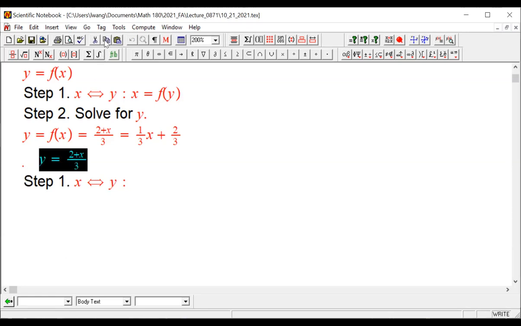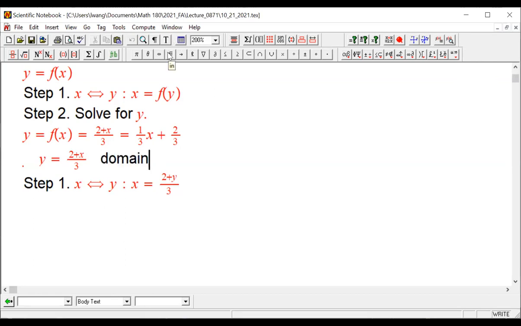The consequence of swap: y turns into x, x turns into y. This function, as a linear function, the domain and range are the same. Domain is all real numbers. The range is all real numbers.